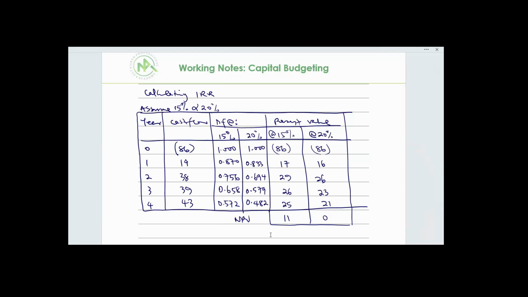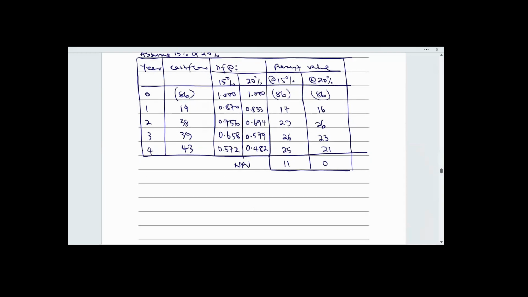So we assume 15%. To save time, I will say we assume 15%, and the 15% produces an NPV of 11 million naira. We assume 20%, and 20% produces an NPV of 0.